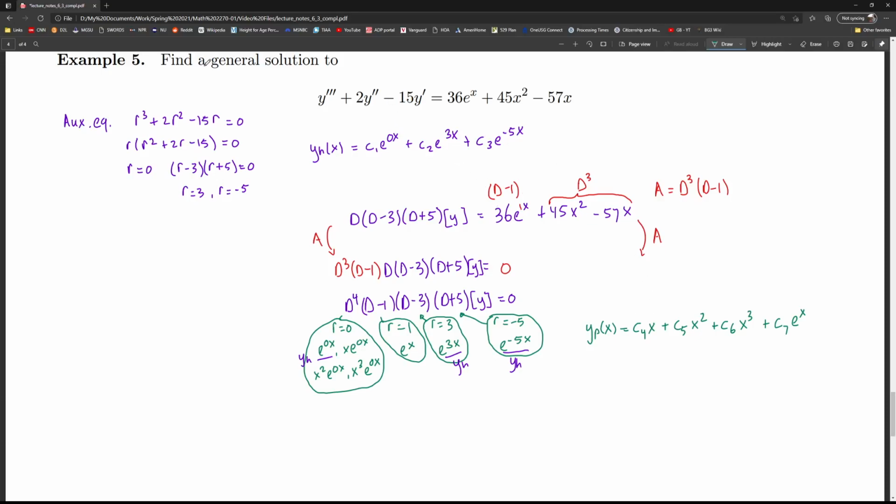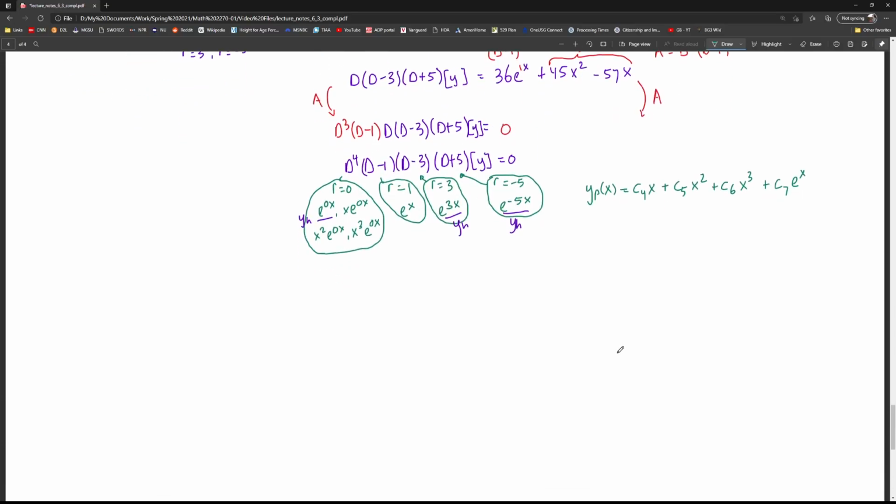But since it specifically asks us to find a general solution and not just the form of the particular solution, we'll have to figure out what c4, c5, c6, and c7 are. And so what we need to do is plug this into the differential equation and then try to figure out what are those coefficients.